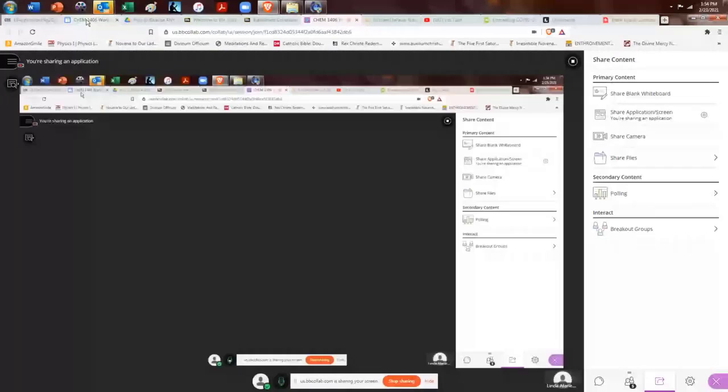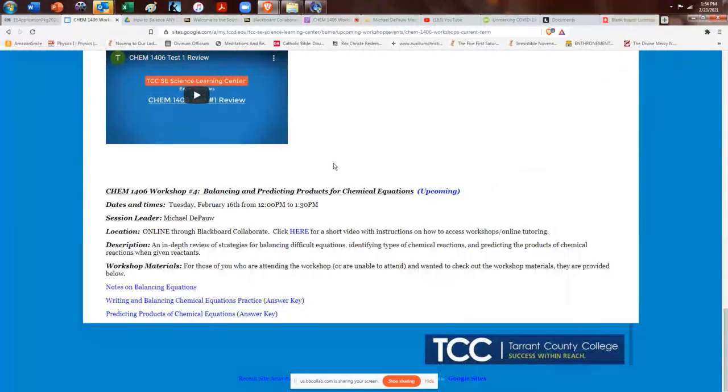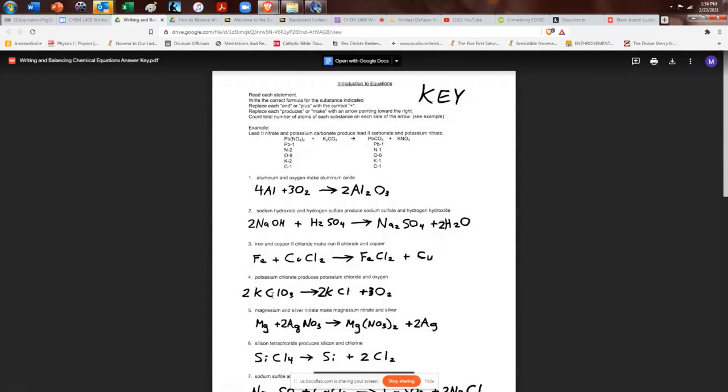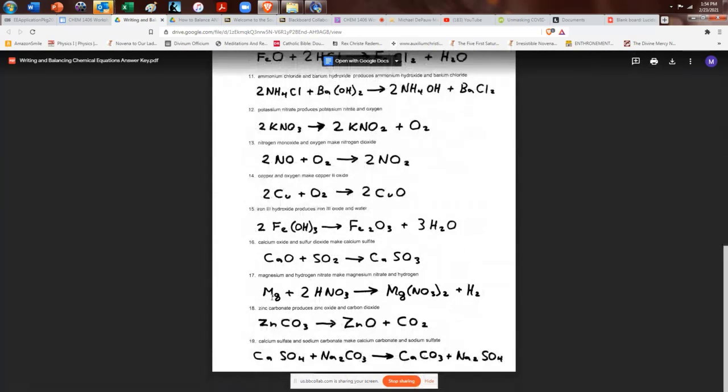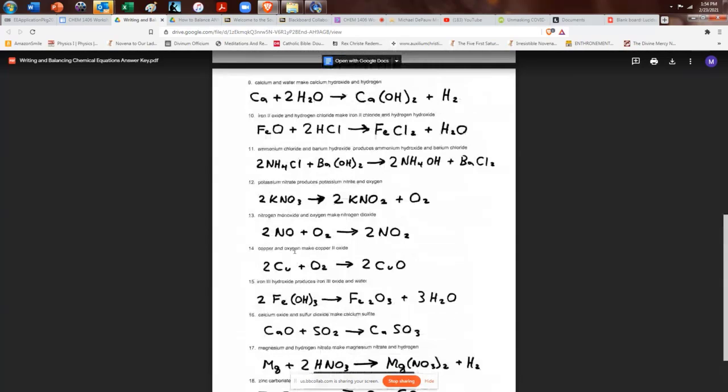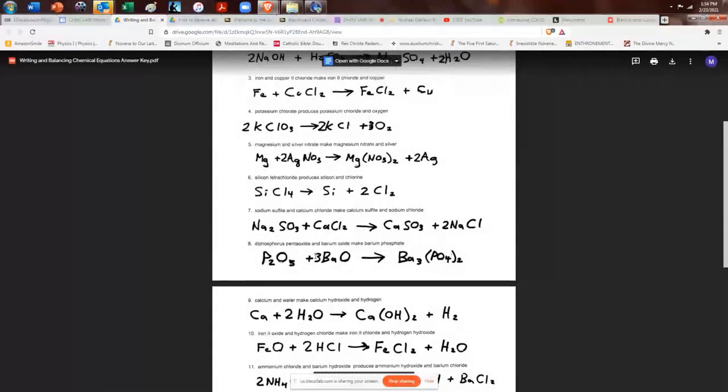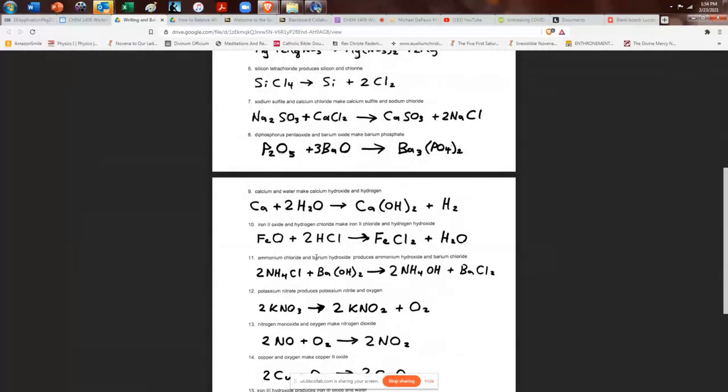You can see that in addition to the stuff that I sent you by email, the answer keys for both of these practice problem sets are here, and they're completely worked out. You can try them on your own, and then check and see if you can do it. There's some combustion problems here, and some other problems here that will be helpful.